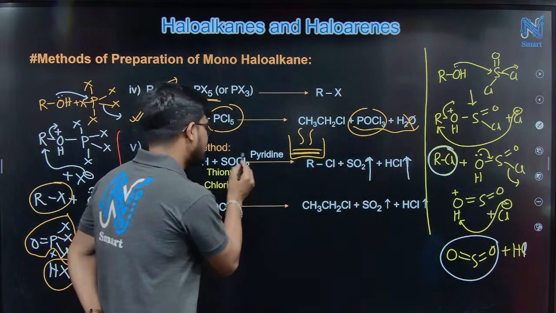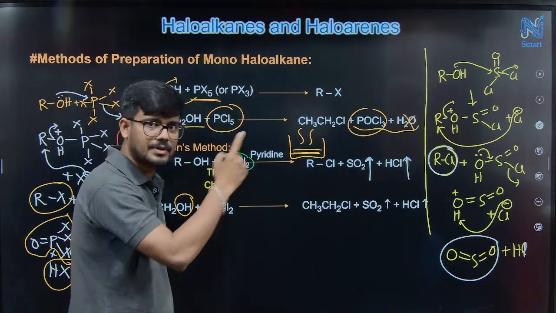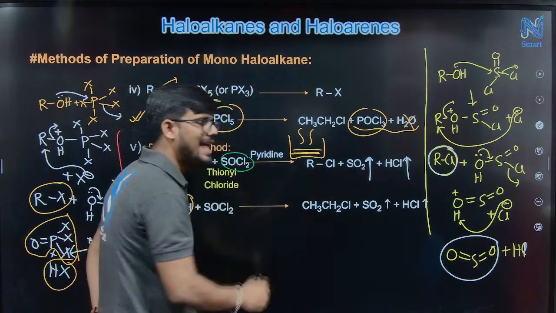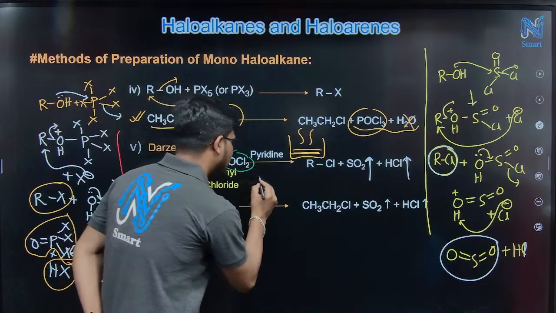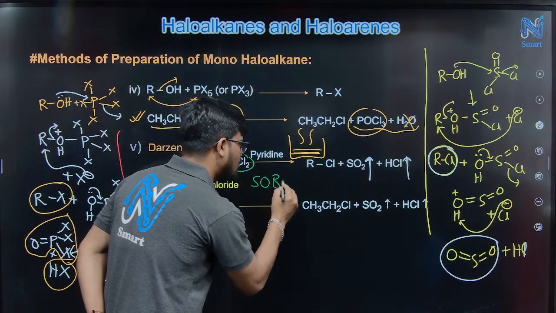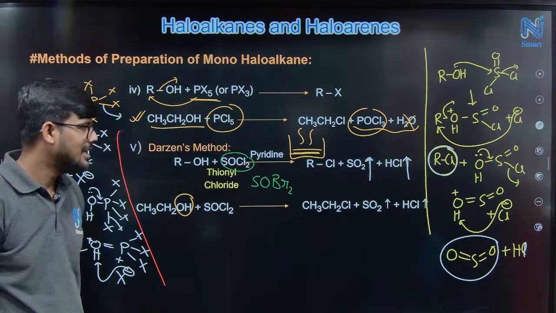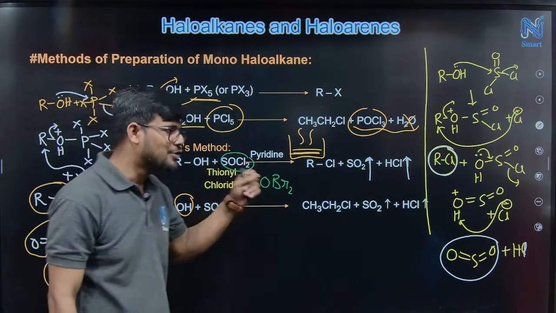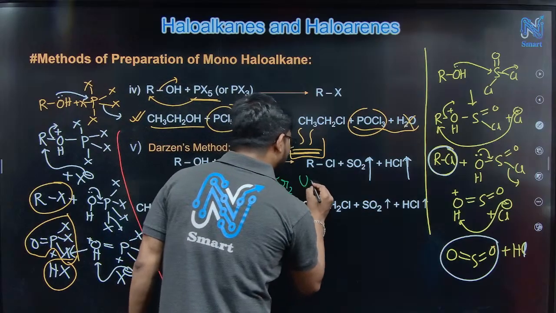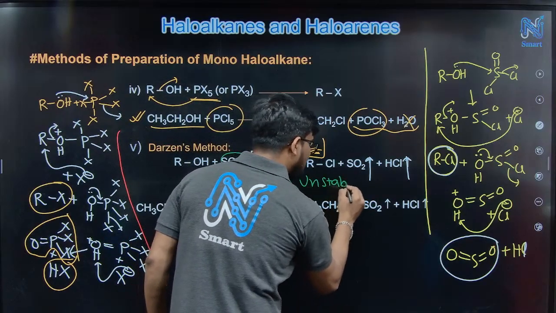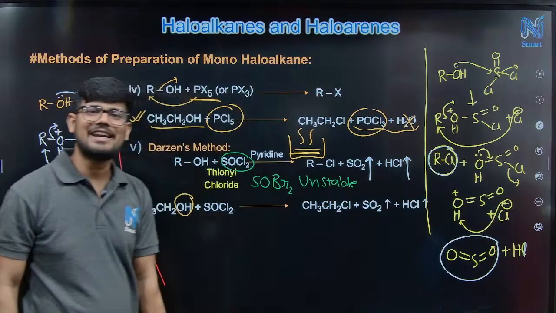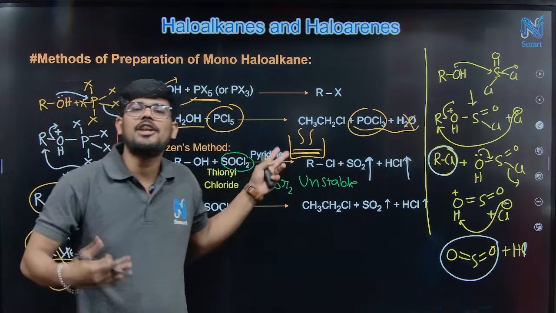Instead of SOCl2, with which you are preparing alkyl chloride, if you use SOBr2, then you will get RBr, right? Correct? But the problem is SOBr2 is unstable. If this reactant is not stable, how can you perform this experiment?